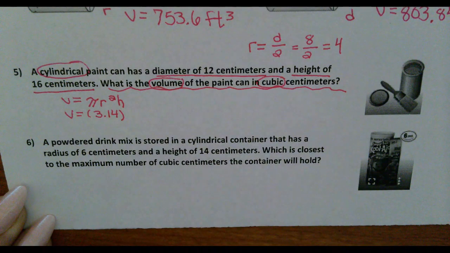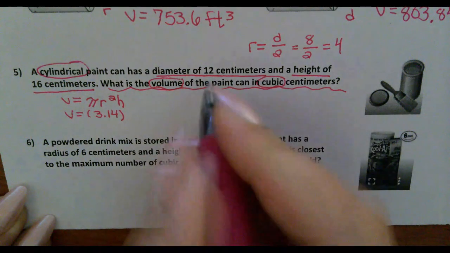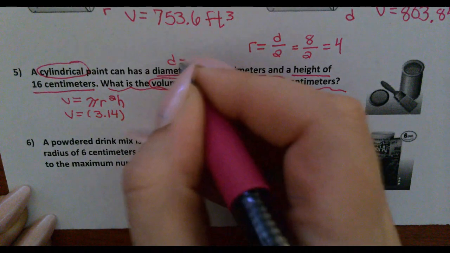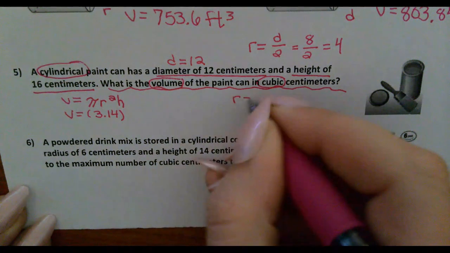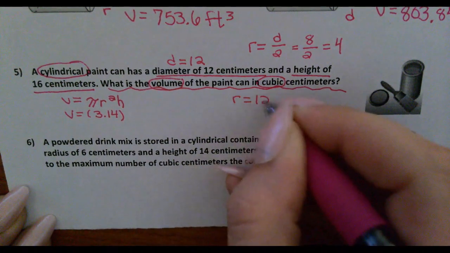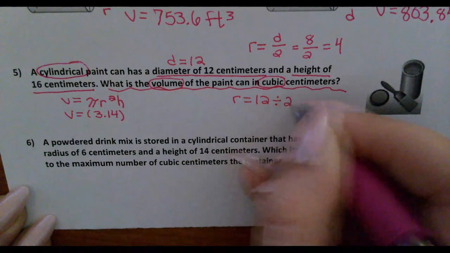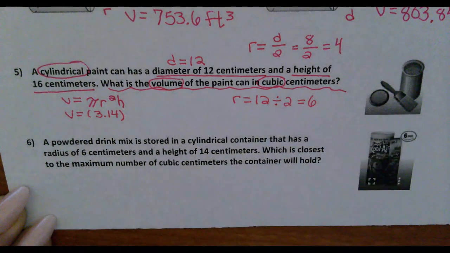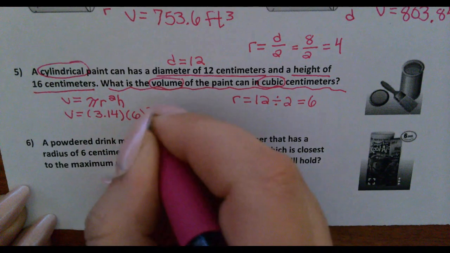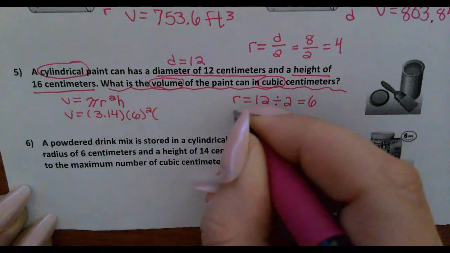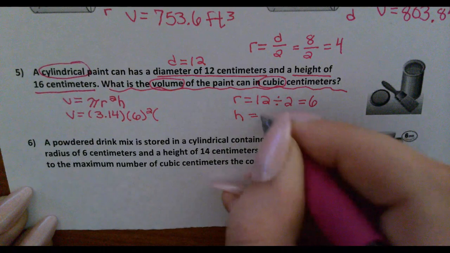Yes. Okay. This right here, the 12, that's a diameter of 12. Diameter is not part of the formula. So to get our radius, we're going to take that diameter of 12, we're going to cut it in half, and that gives us 6, okay? So then we have 6 squared times, what is my height? 16, yeah.